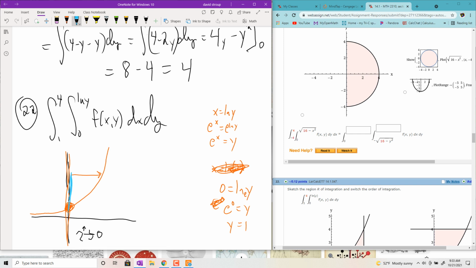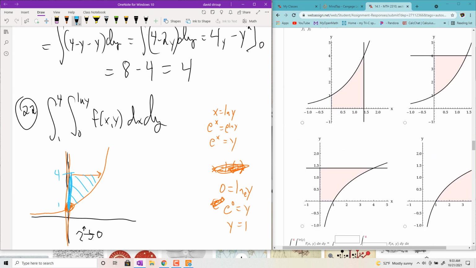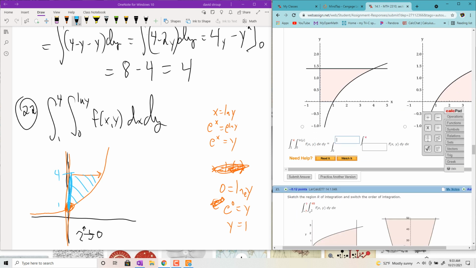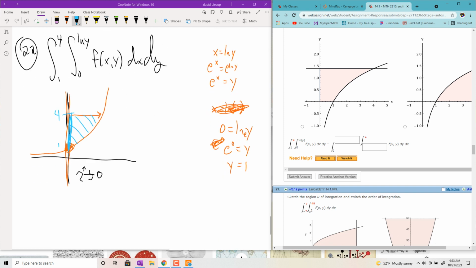So you're going from point 1 to the point 4, and it must be this region right here that you're worried about. Okay. All right, so let's see if we can find that. Yeah, it's this one here. And then they want you to change the order of integration.